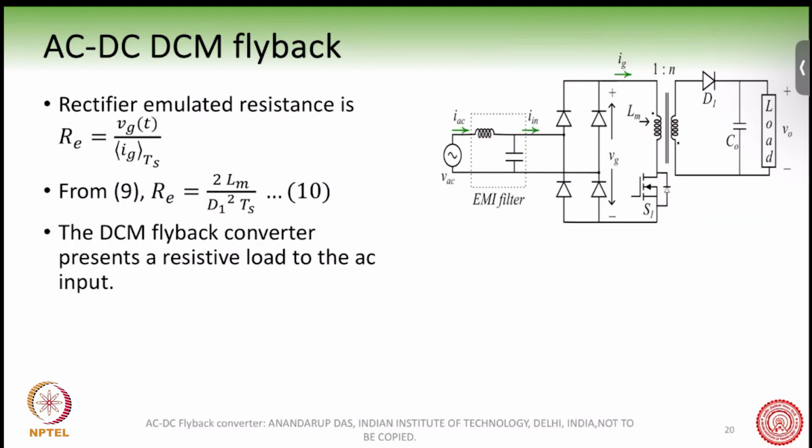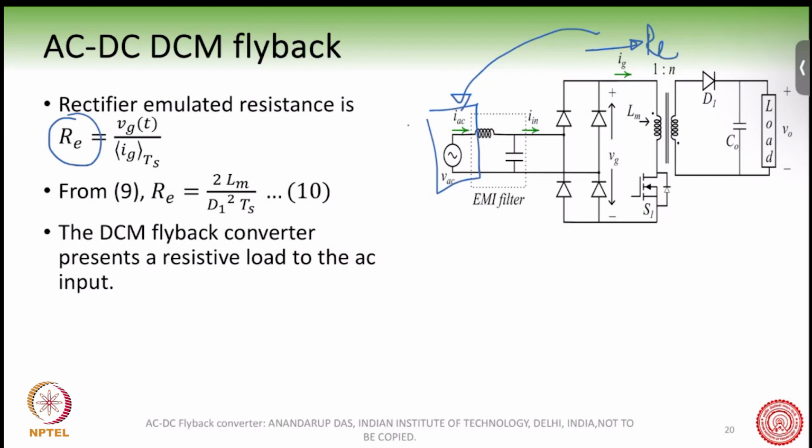Now we give it a formal name, the emulated resistance. The emulated resistance is the resistance seen from here, which will get reflected and be seen by the grid. In the previous lecture, we defined it from the grid point of view. Here it's basically the same thing, provided we have lossless filters.